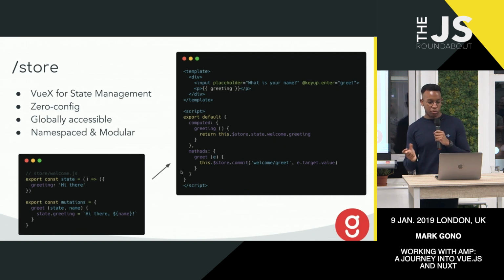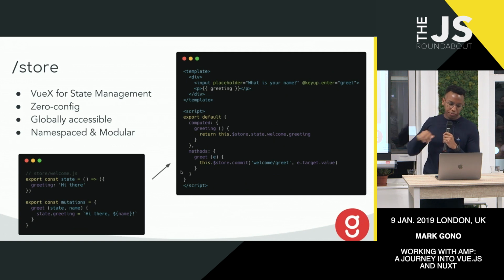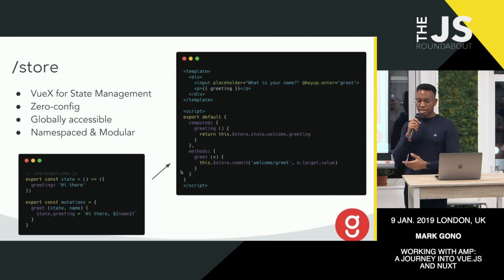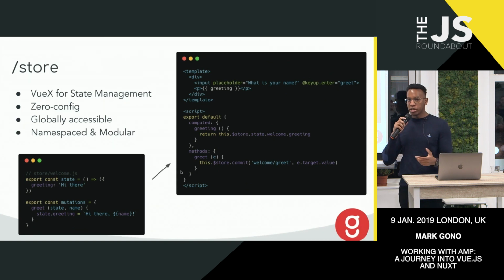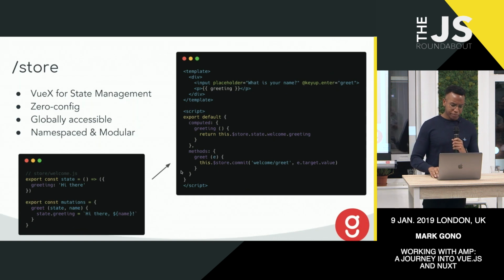The computed property greeting actually takes out that string that we're defining in our state file, and it also allows us to mutate that state by using an input that has a Vue event key appender, which will call the actual mutation and update the value of that input. So essentially, when you see this page, you'll just type in your name, and then it will update everything based on the state, because everything's linked up automatically.